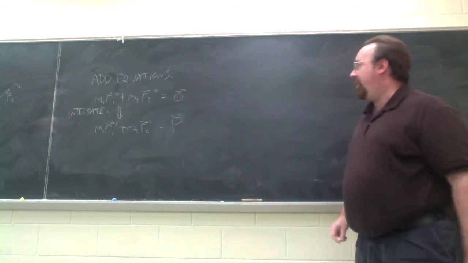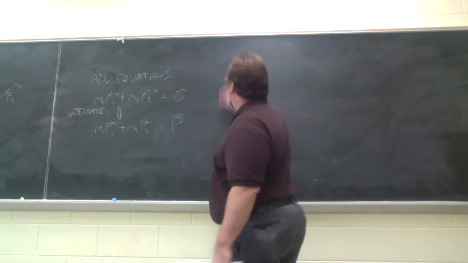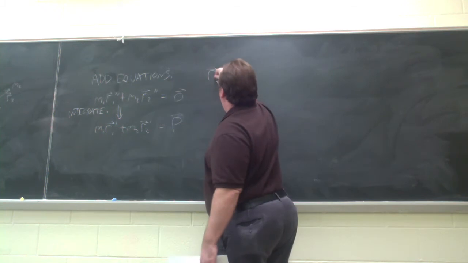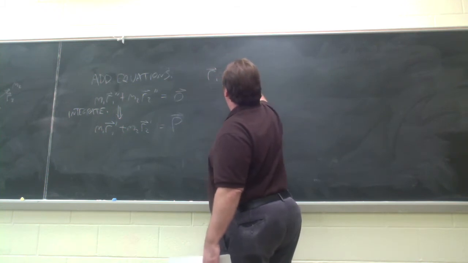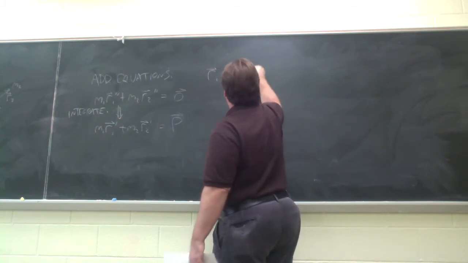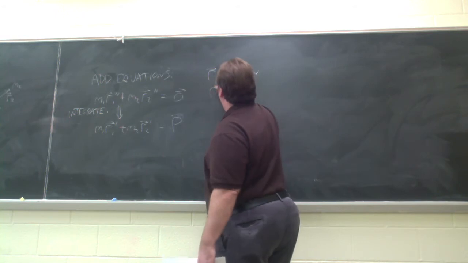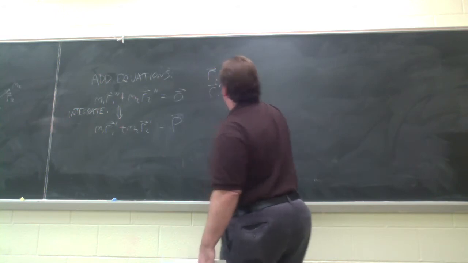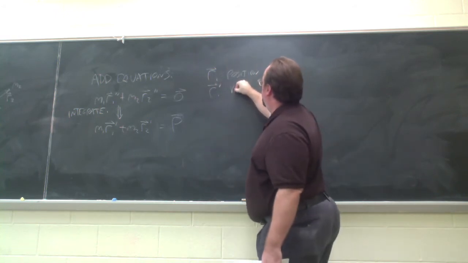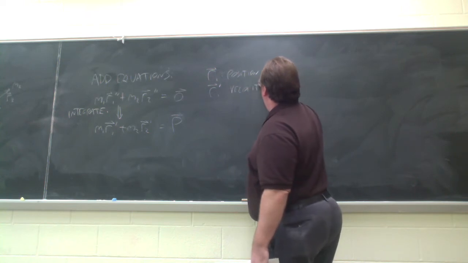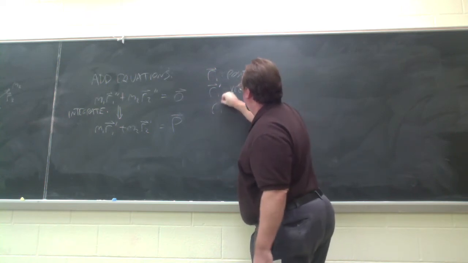Now, R1 and R2, those are positions. So what is Ri prime? Velocity. And double prime? Acceleration.